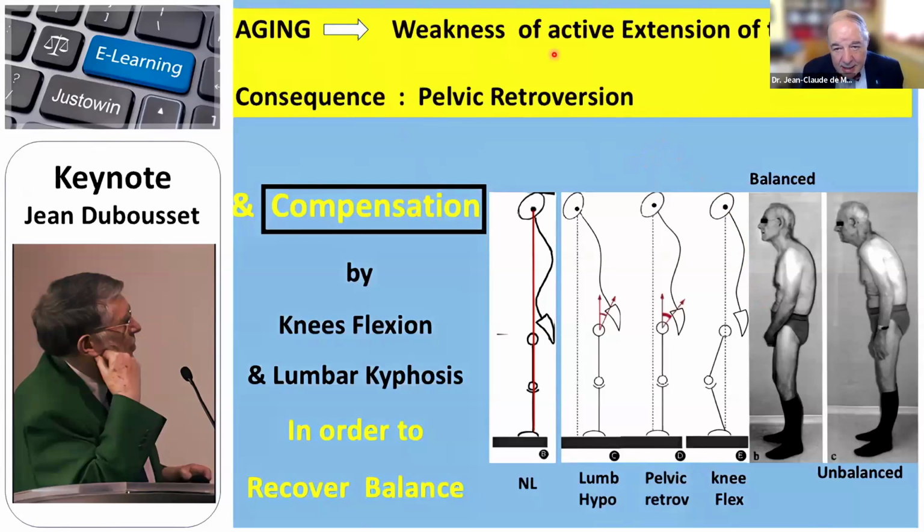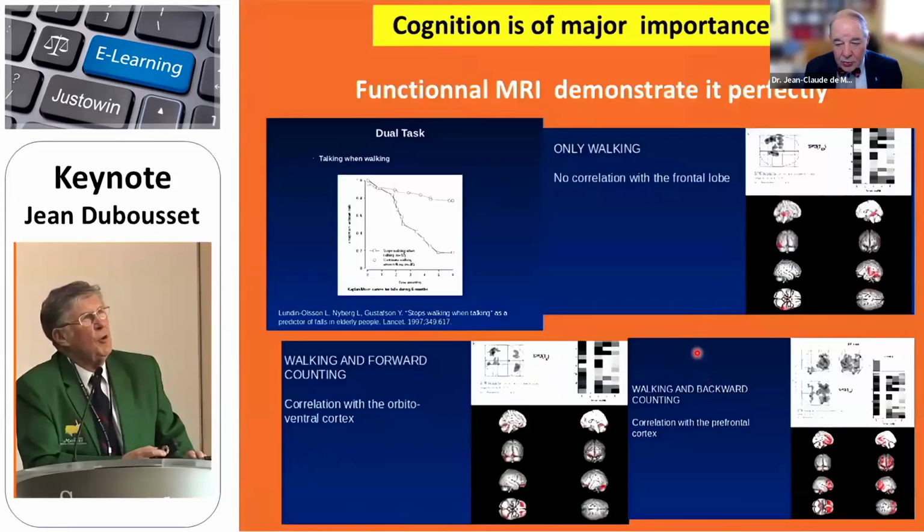Here in the sagittal plane, you have the compensation, with no change of pelvic incidence for the same patient. Change of pelvic incidence is only during growth, but you have the pelvic retroversion and the compensation with hip flexion to recover balance.